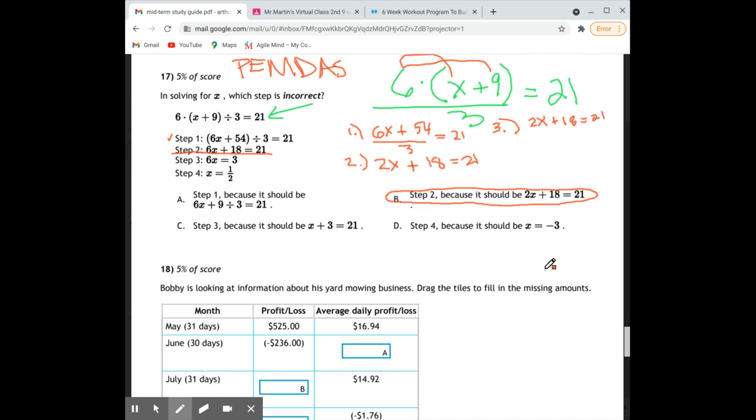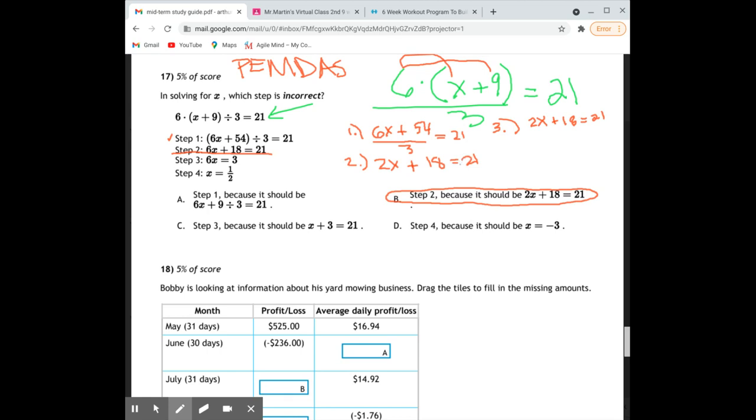All right, so how do I get 2x by itself? Wouldn't you do it by the same? Help her out, whoever clicked on that just a second ago. What would we do to get 2x by itself?